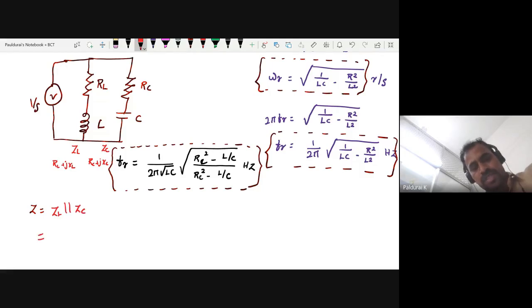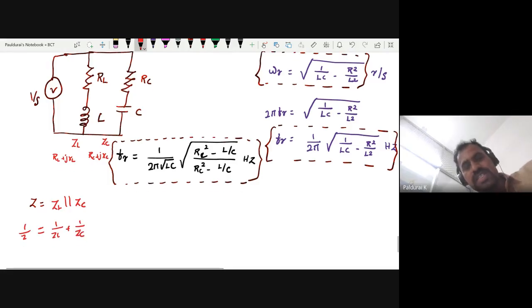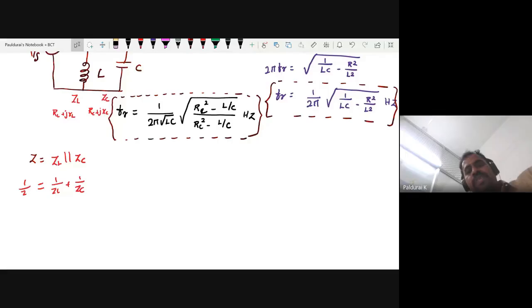Therefore 1 by Z equal to 1 by ZL plus 1 by ZC. You know what is ZL, you know what is ZC. Simple substitution. Then find the imaginary part, equate that imaginary part equal to 0, do the manipulation, and finally you will end up with this formula. Whether this formula is correct or not, you let me know by tomorrow.